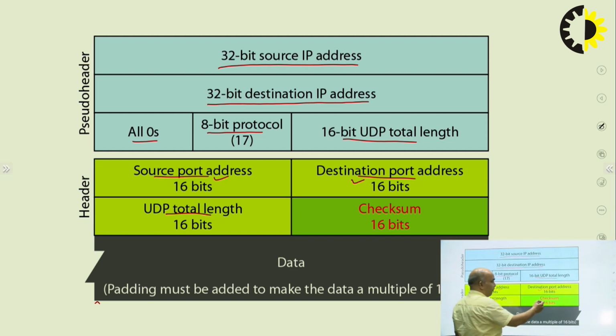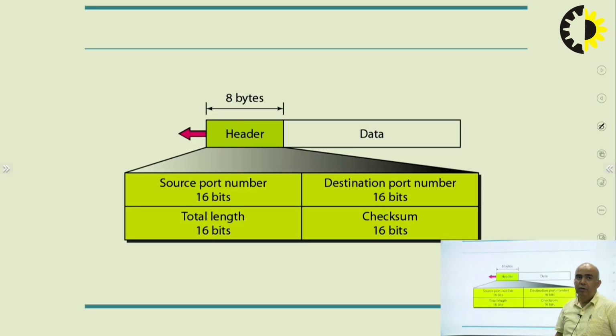Then we perform the checksum, and padding data is also used while transferring this data. In general, any data being transferred is divided into two parts: one is the header, which is 8 bytes, and the rest is the data part.